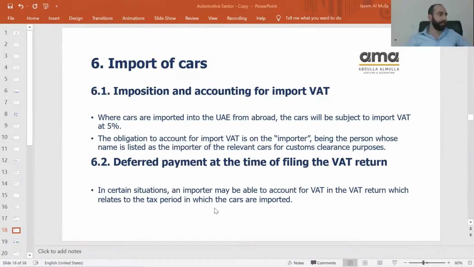The importer must have provided the FTA via the e-services portal with its own customs registration number issued by the competent customs department for the import in question. Also, the importer must cooperate with and comply with any rules imposed by the FTA in respect of the import.